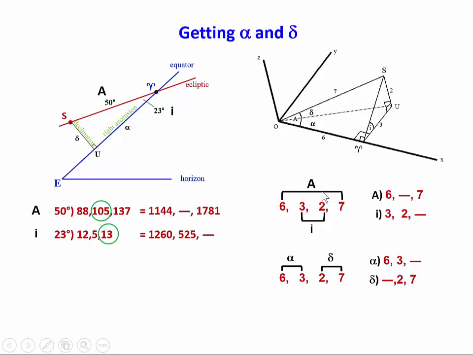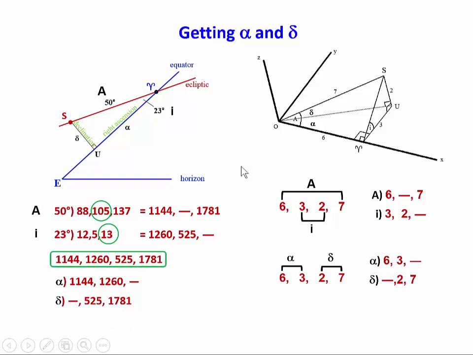I just want the numbers corresponding to these ones here. So now, having done that, I simply slot these two numbers in between those two numbers, and there it is. That's a quadruple for the position of S. So I can find alpha being the first two elements and delta being the last two elements.